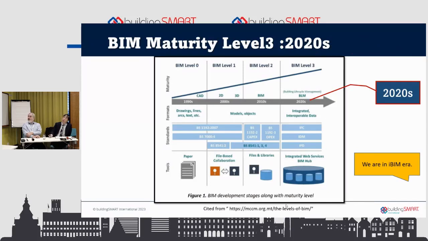So next one, BIM maturity level. The same chart, but there's a timeline. I found the chart on the web, and on it, BIM level 3 starts from 2020.